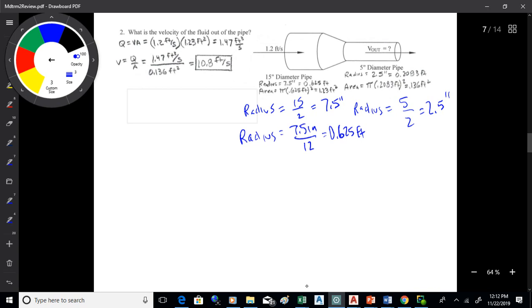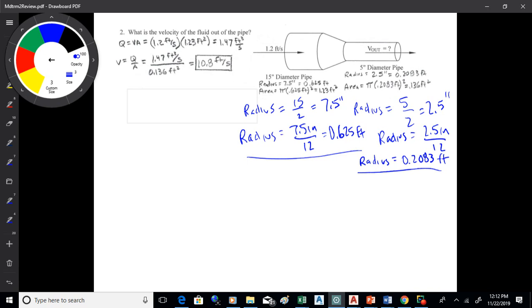The other one will be 2.5 inches over 12, so the other radius will be 0.2083 feet. Now we have the two radii in feet, which is how you want to have them.